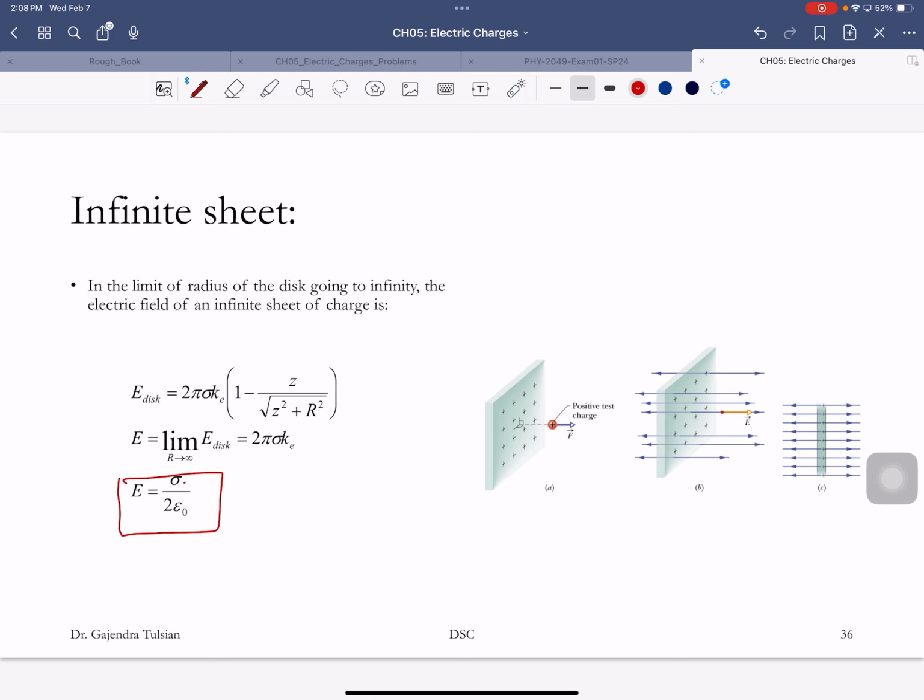What is sigma? Sigma is the surface charge density, meaning charge per unit area. How much charge there is per meter squared of this surface. Now this expression is valid if this is an infinite, flat sheet. So this sheet has to be flat and infinite.